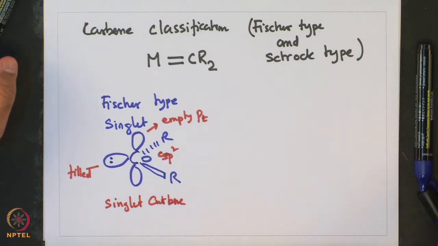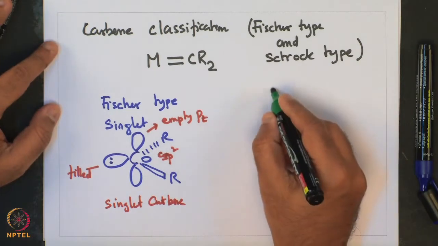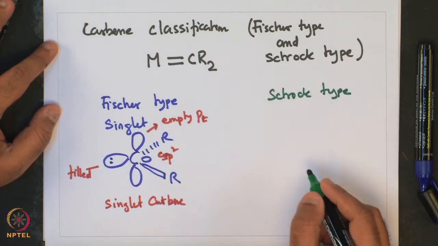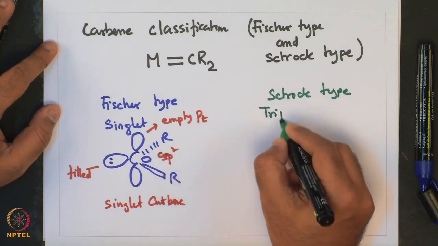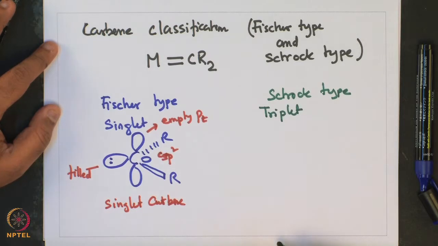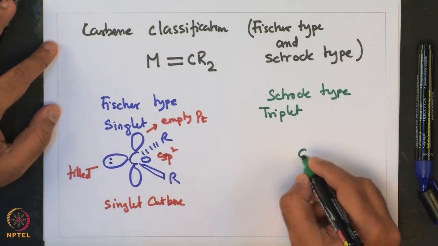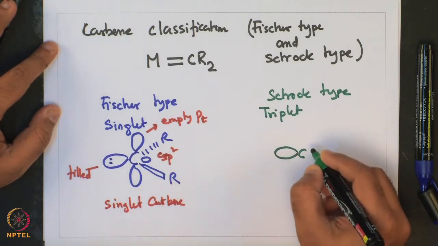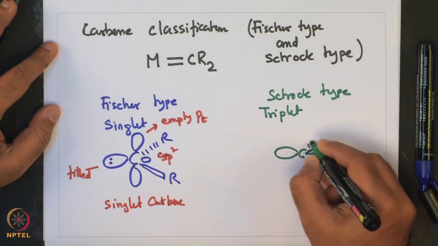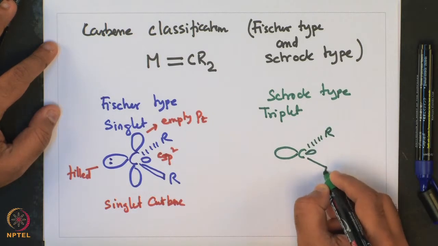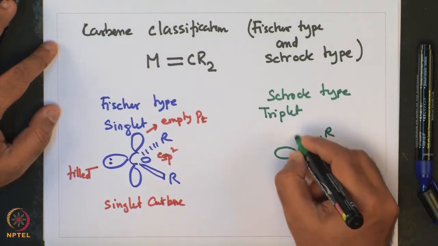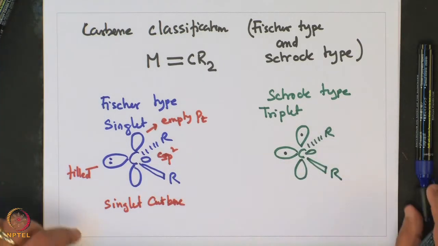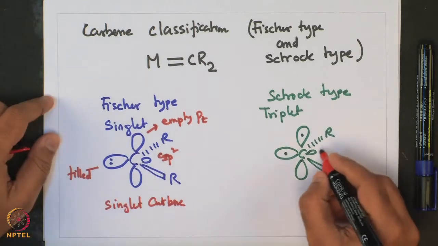Schrock type carbenes are however different. They are generally called triplet carbenes, and electronically, though the carbenic center is still sp2, both the orbitals have one electron each.